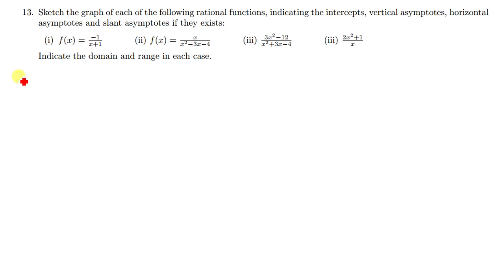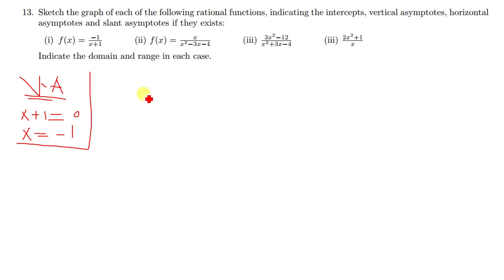So let's find the vertical asymptote. The vertical asymptote is just, you get the denominator there, you equate it to 0. So you say x plus 1 is equal to 0, and then your value of x is just going to be equal to -1. So this is your vertical asymptote.